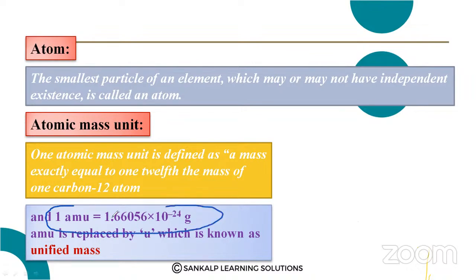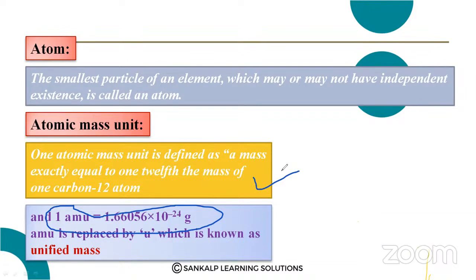1 AMU. What is 1 AMU? 1 AMU is nothing but 1.66 into 10 raised to minus 24 g. So important: 1 AMU, atomic mass unit. Remember this definition also. It is equal to 1/12 the mass of one carbon-12 atom. What is its value?